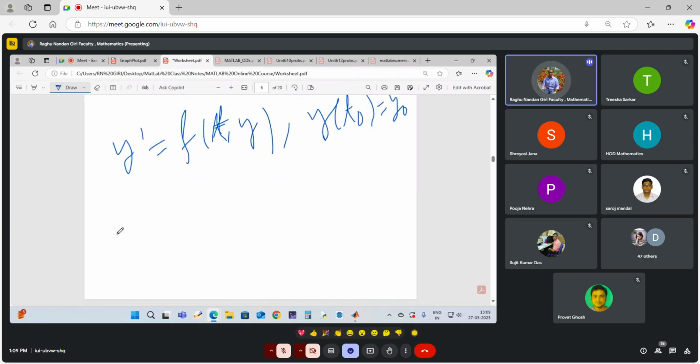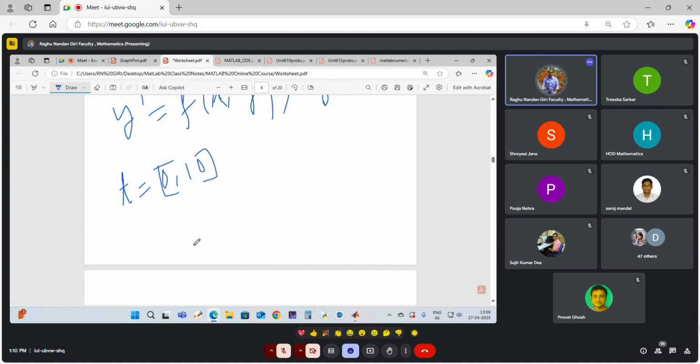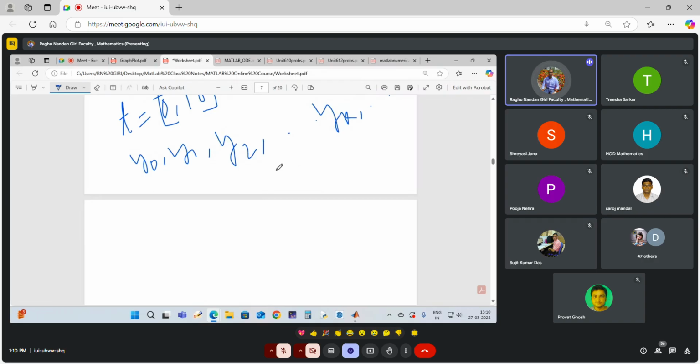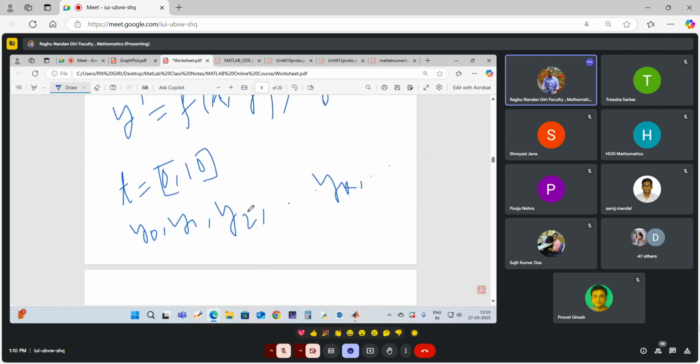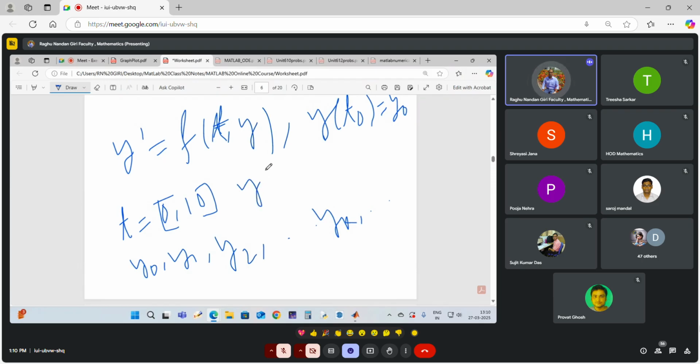So basically our target is that for t values, suppose time span in the domain 0 to 10, we have to calculate the y values, a sequence of values y0, y1, y2, y3 and so on, yk.